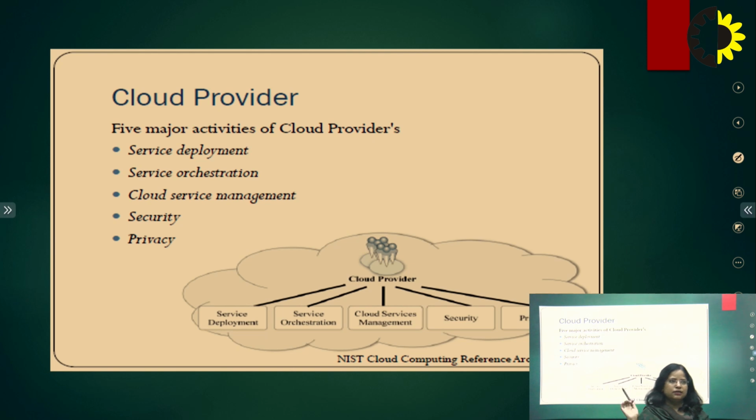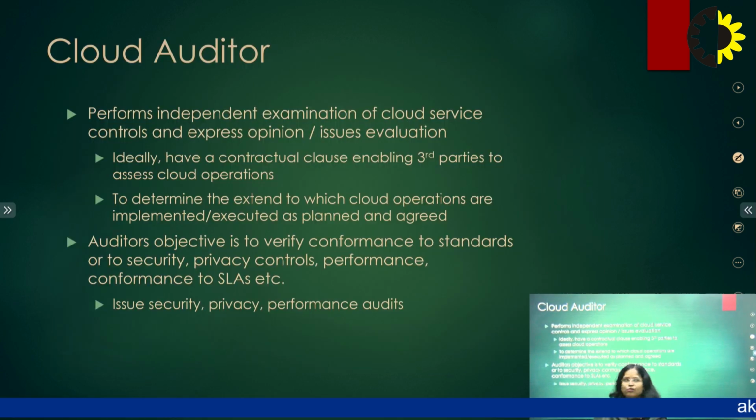These are the 5 main activities of the cloud provider: service deployment, service orchestration, cloud service management, security and privacy. The cloud auditor is the person who audits the services provided by the cloud provider.